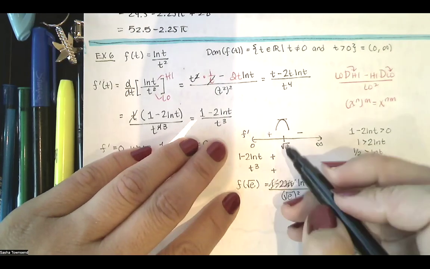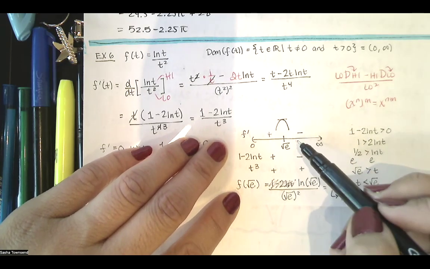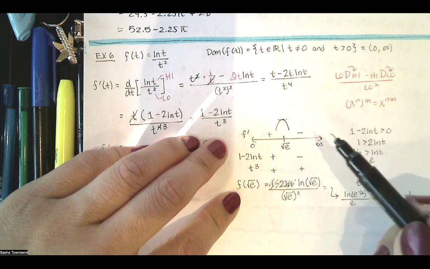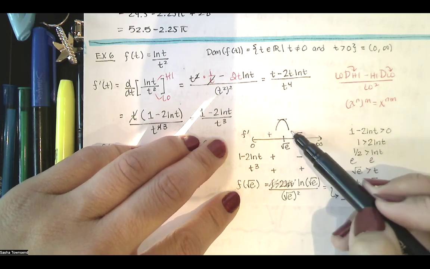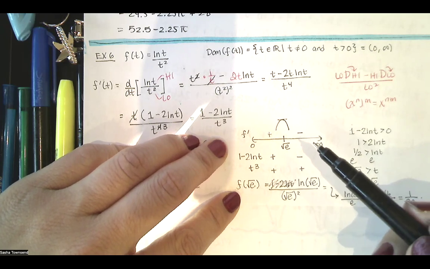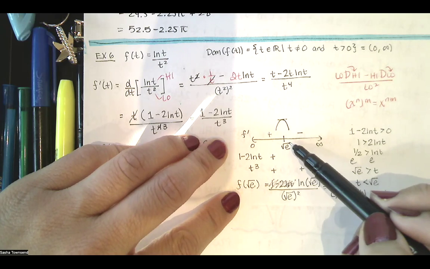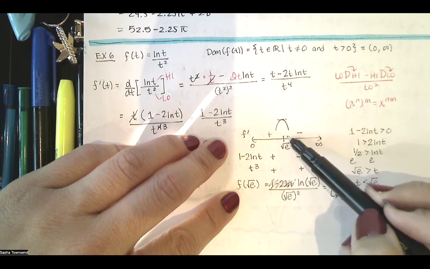So this is a relative maximum by the first derivative test. The first derivative test just says, if f prime changes signs at a critical point, then that critical point represents a relative min or a relative max. If it goes from positive to negative at that critical point, it's a relative max. If it goes from negative to positive at the critical point, it's a relative min. And if it happens to be 0 at the critical point, then it sort of looks like a hill or an upside down parabola.